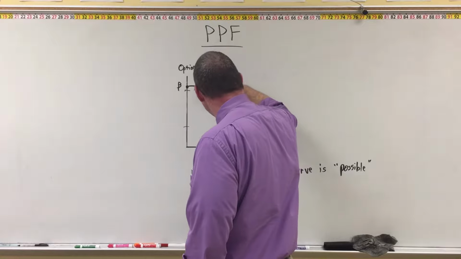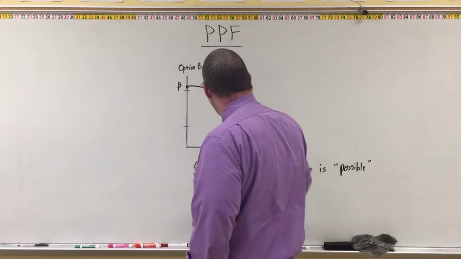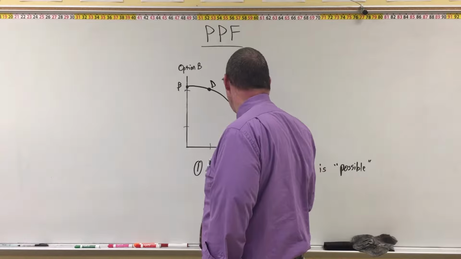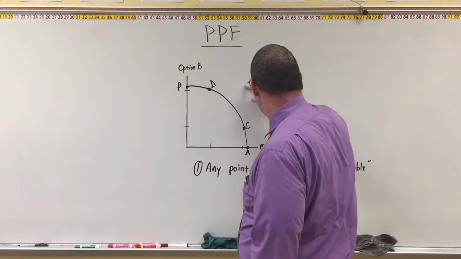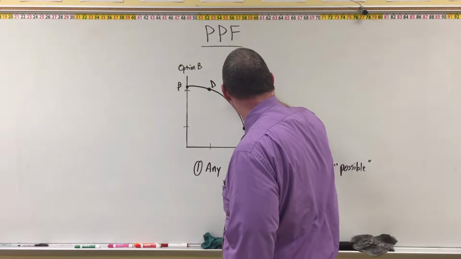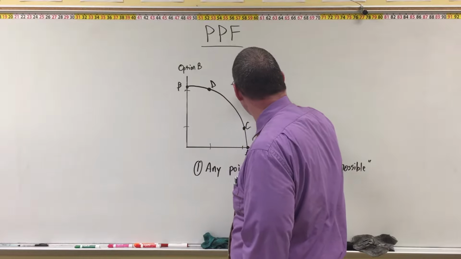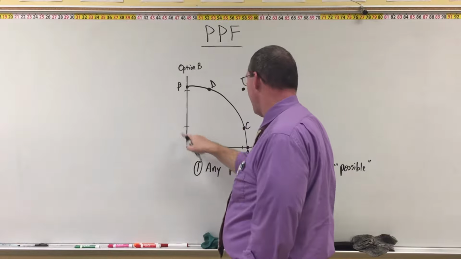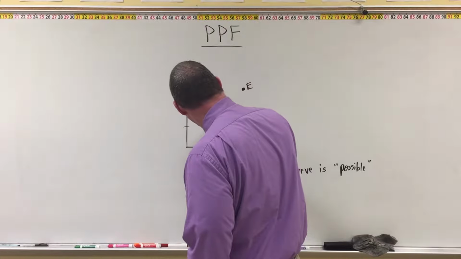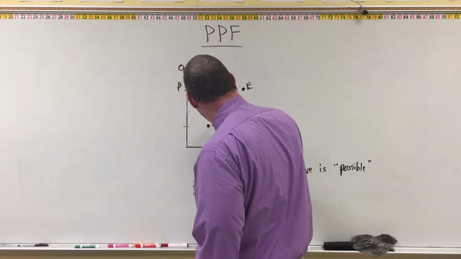And then we're going to call that point D. And then let's say that we want a lot of A and a lot of B. Well, that point would be up here. A lot of A and a lot of B would be right here. We're going to call that point E. And then let's say we're going to do a little bit of A and a little bit of B, and we'll put that point right here. Okay, we'll call that point F.